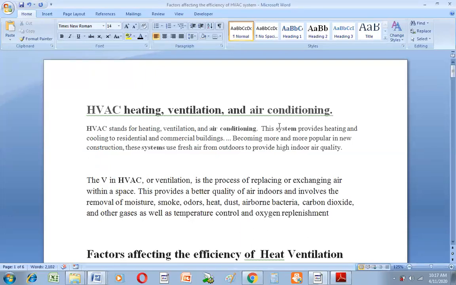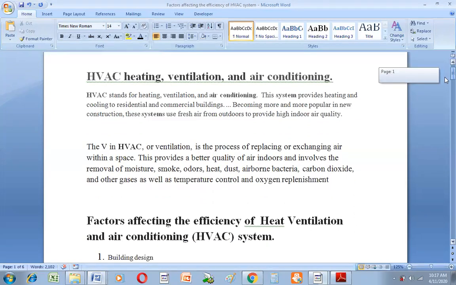So what is this HVAC system? Basically, we'll see in short, the HVAC system provides heating and cooling to residential and commercial buildings. It is more popular nowadays because the temperature is increasing, and in new construction this system can provide fresh air from outdoors and enhance the indoor air quality.